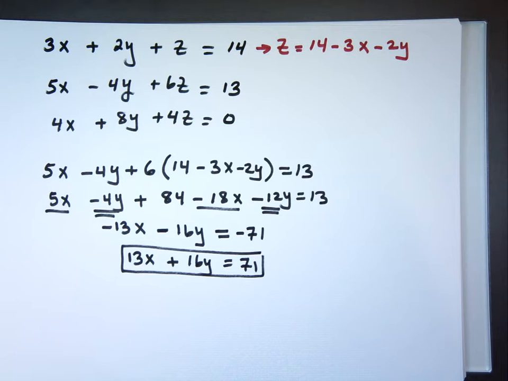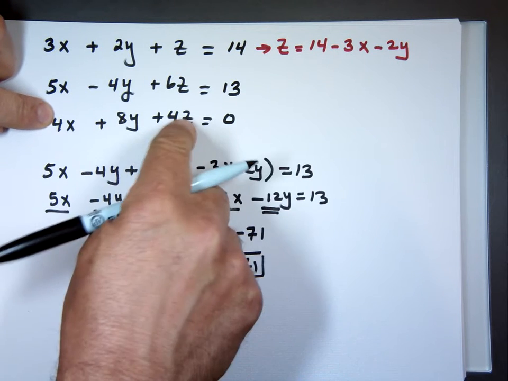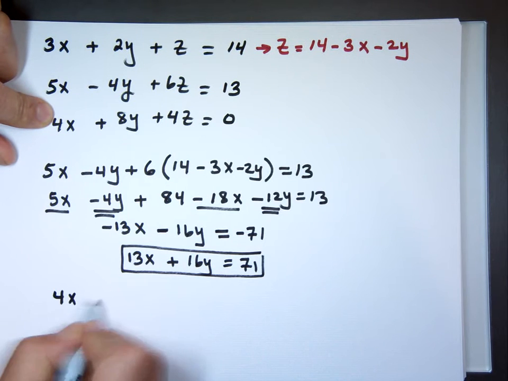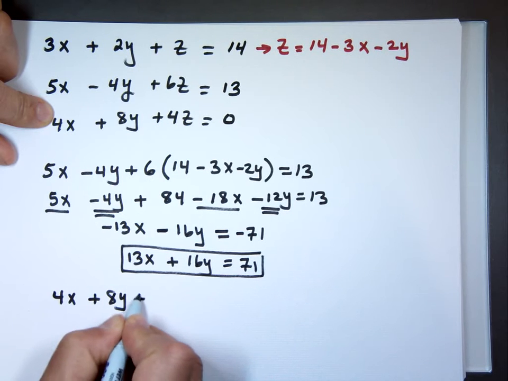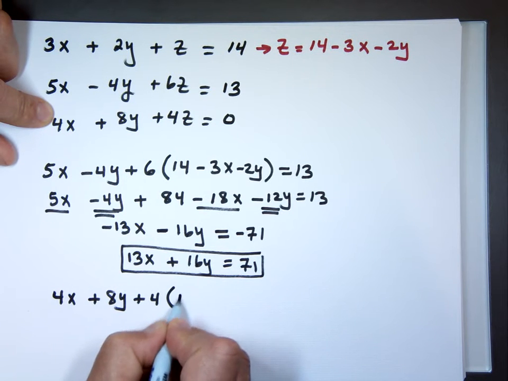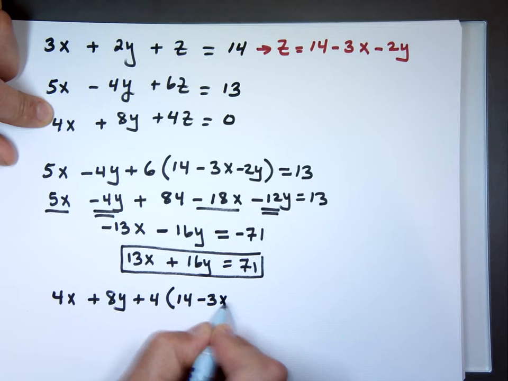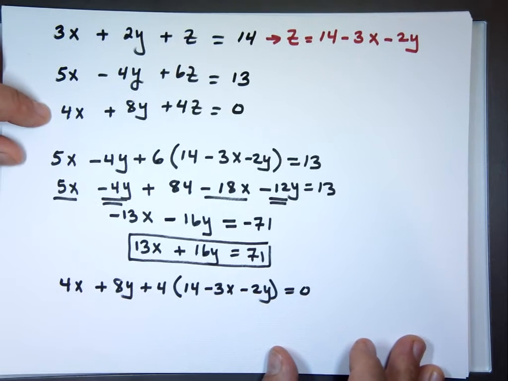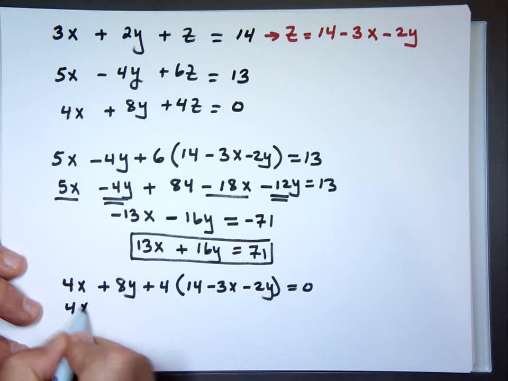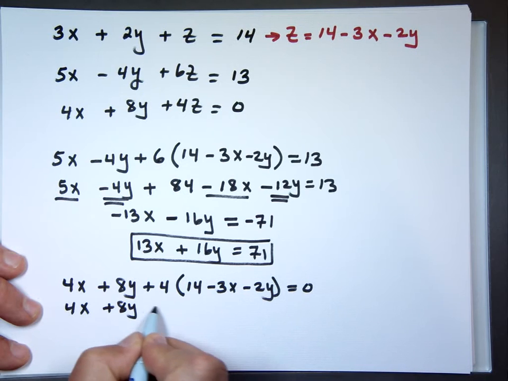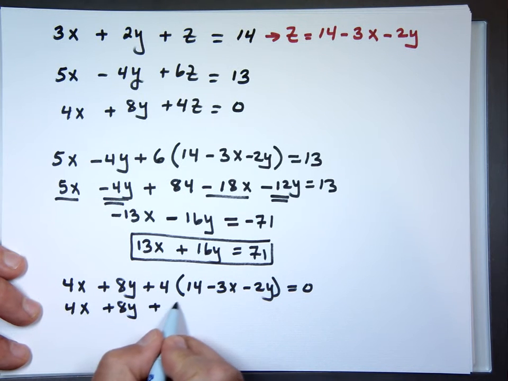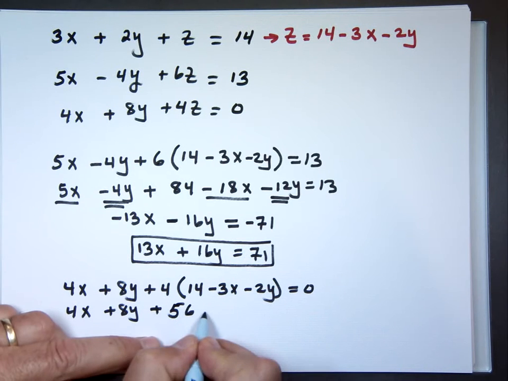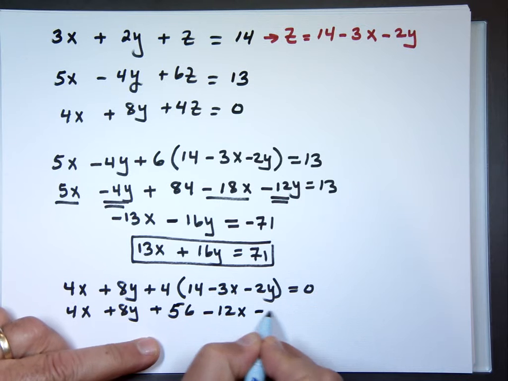The other one, take the second equation and replace z with 14 minus 3x minus 2y. Again, instead of z, let's put 14 minus 3x minus 2y is equal to 0. Four times 14, is that 56? Negative 12x minus 8y.